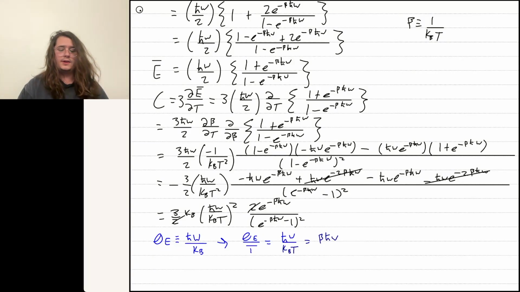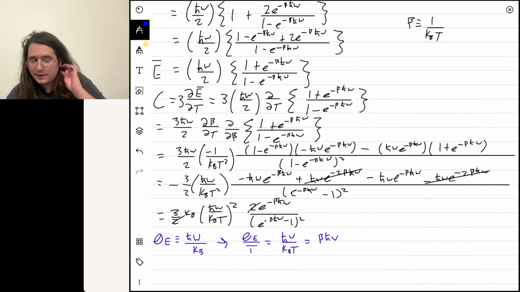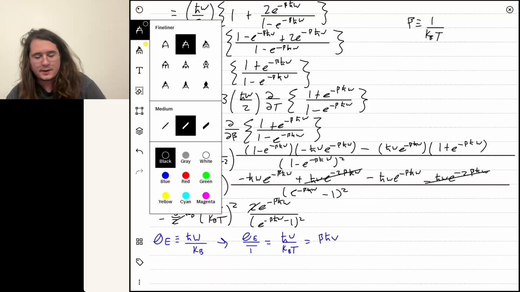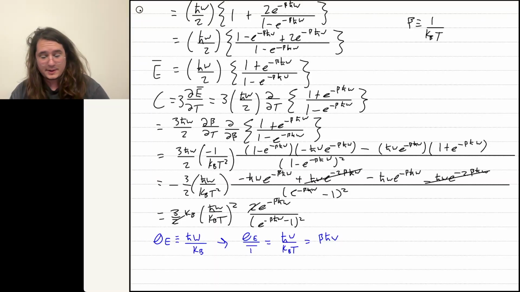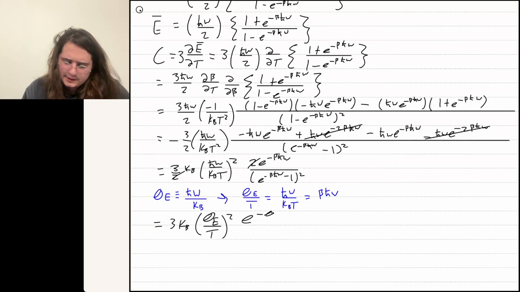So we can write both the fraction on the outside and also the arguments of the exponents in terms of the Einstein temperature divided by temperature. So we have 3 k_B times the Einstein temperature divided by temperature squared, and then e to the minus Einstein temperature divided by temperature over e to the minus Einstein temperature over temperature minus 1 squared.